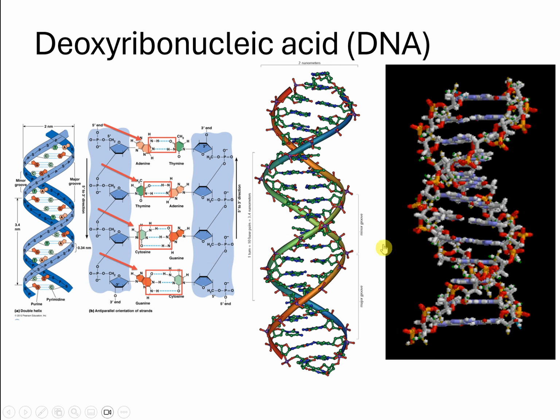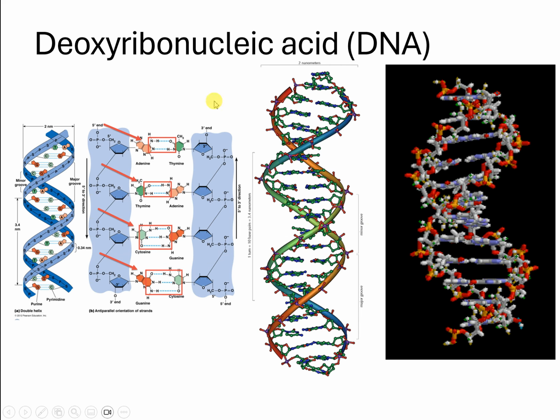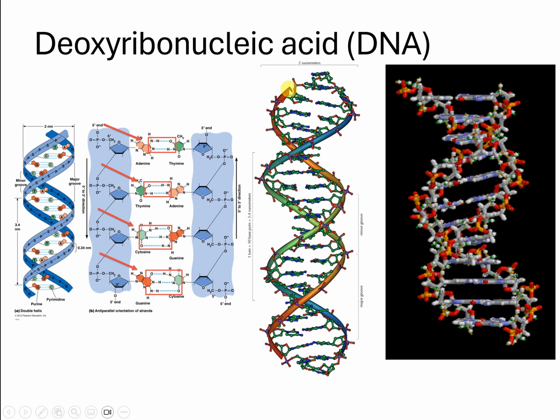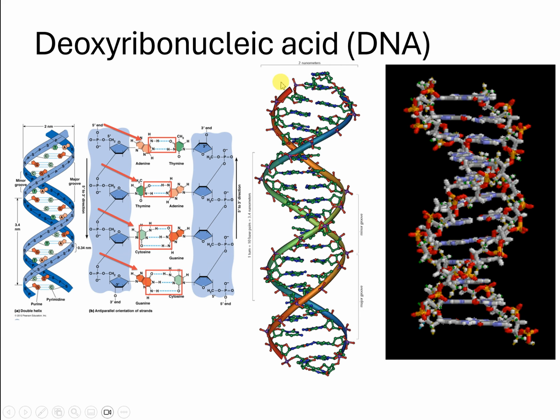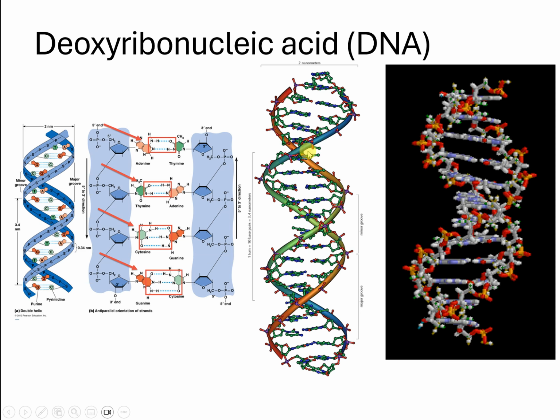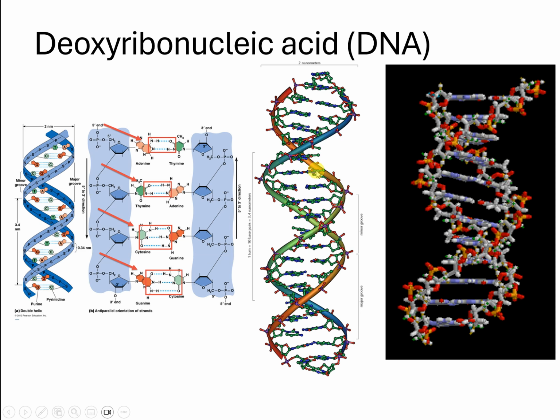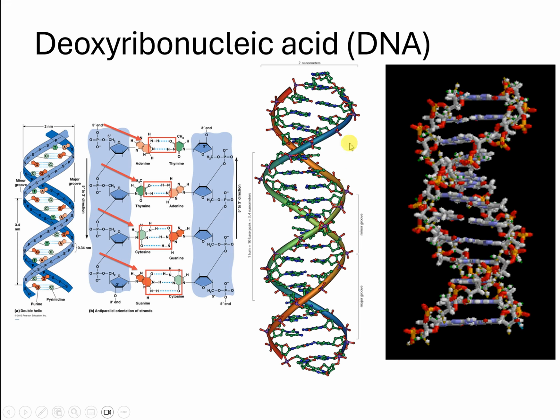When we talk about the structure of DNA, we can see that one molecule of DNA consists of two DNA helices that are coiled on each other.